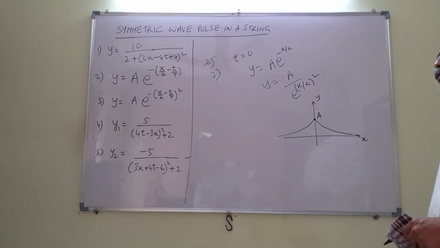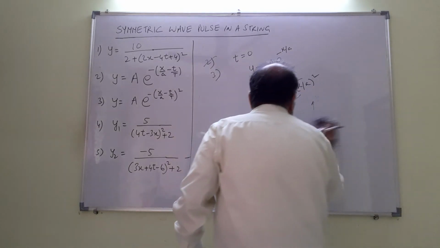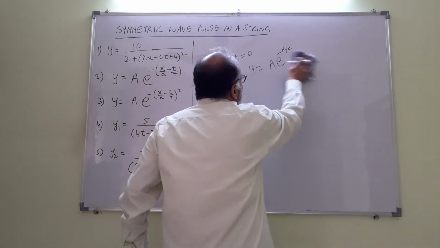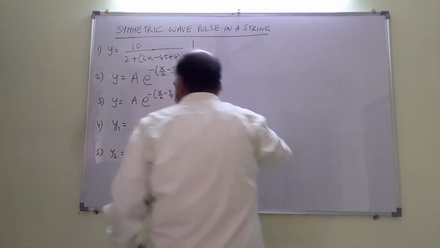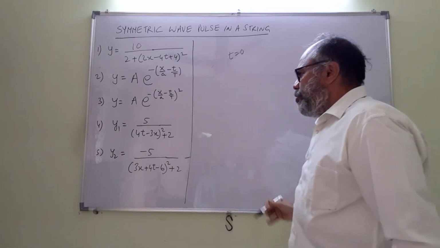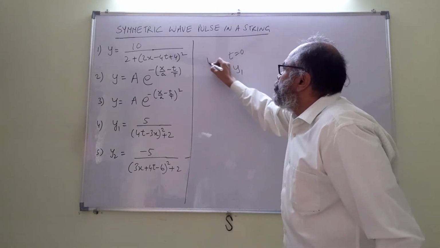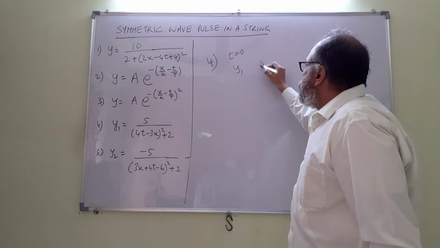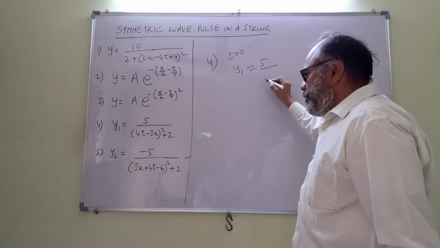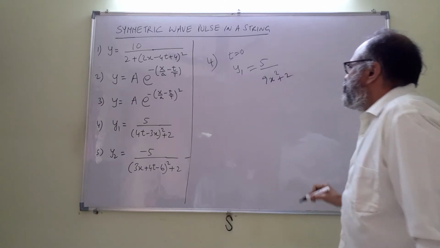Take the fourth example. Let us again take t equals 0. So you will have y1 is equal to 5 by 9x squared plus 2.